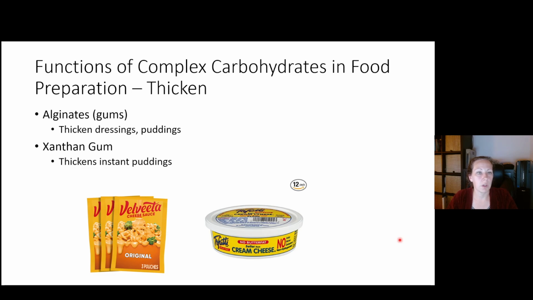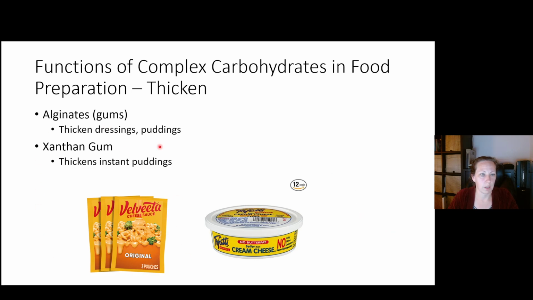Okay, so continuing on with thickening, just real quick, alginates, which are a form of carbohydrate gum, are also used to thicken dressings and puddings. Xanthan gum can be used to thicken puddings too.